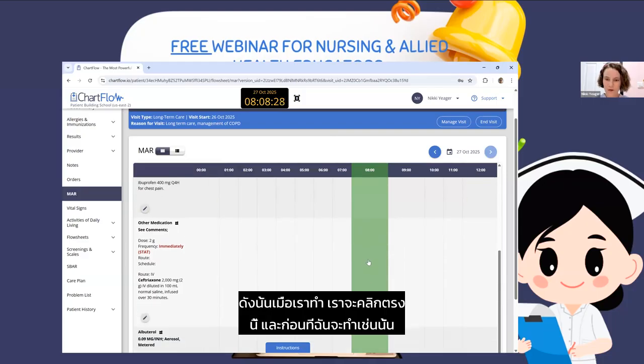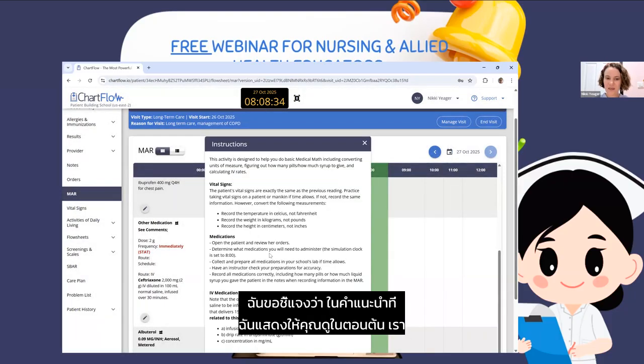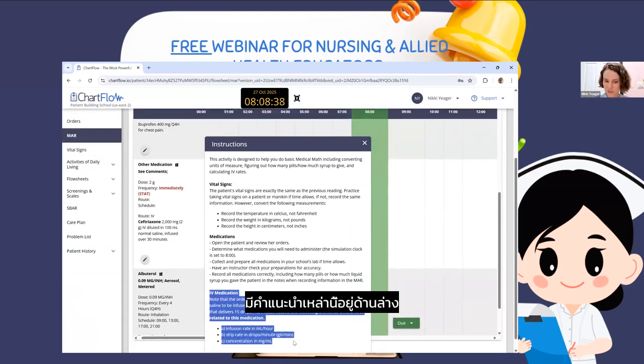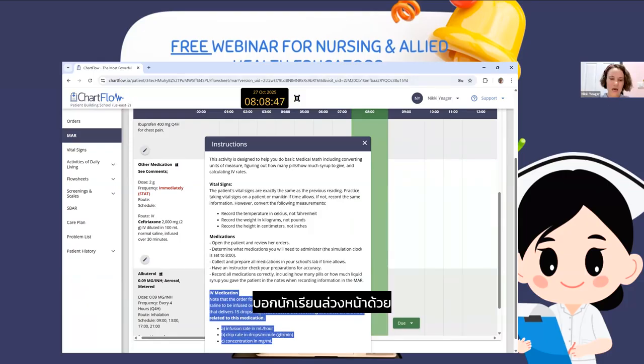So when we do it, we're going to click in here. And I'm going to point out before I do that, in our instructions I showed you in the beginning, we have these instructions at the bottom. They are before you open the activity as well. If you're doing this on a piece of paper, just tell your students this beforehand.